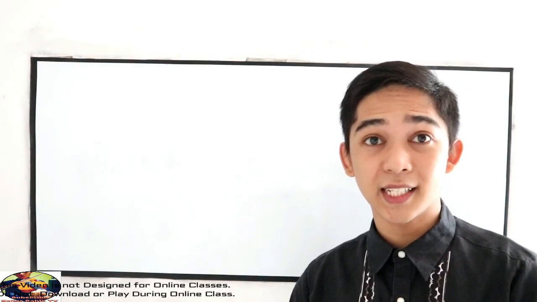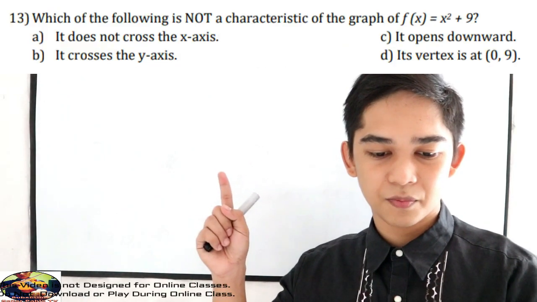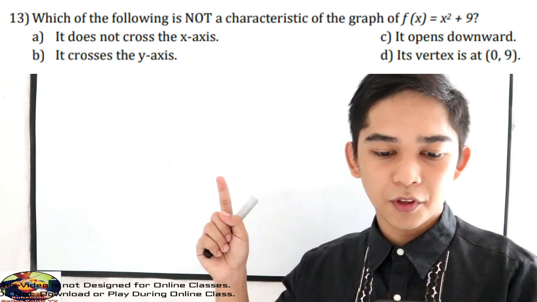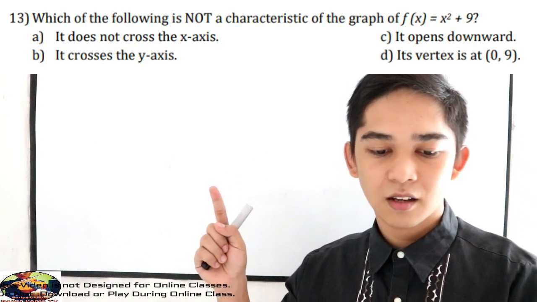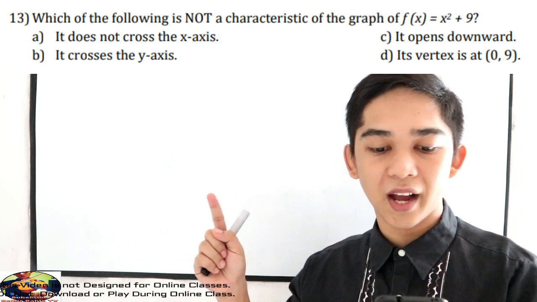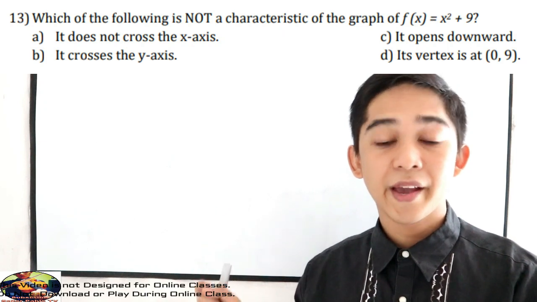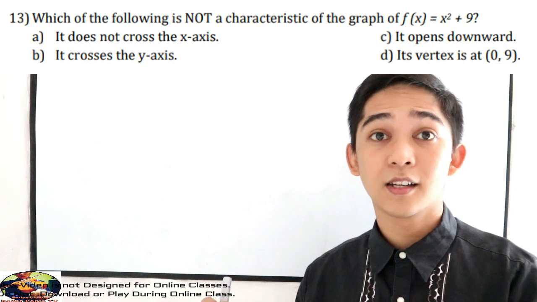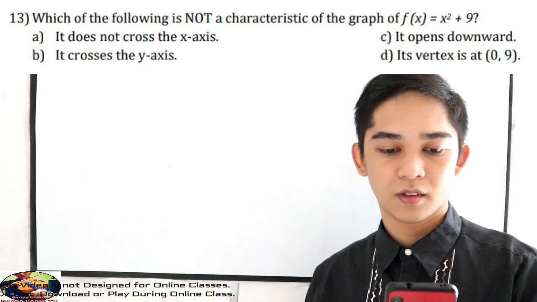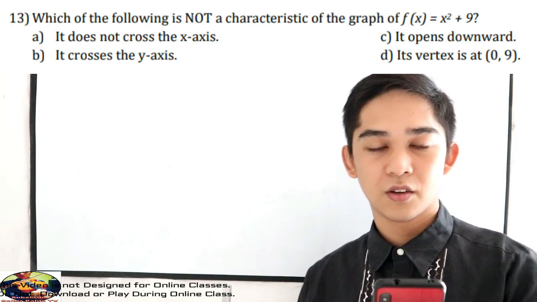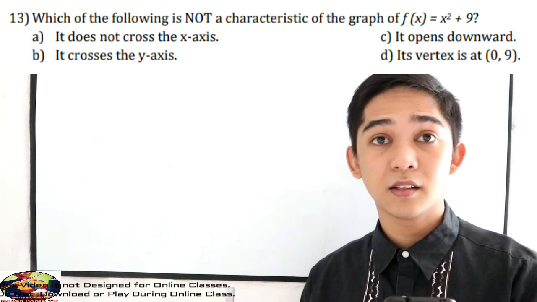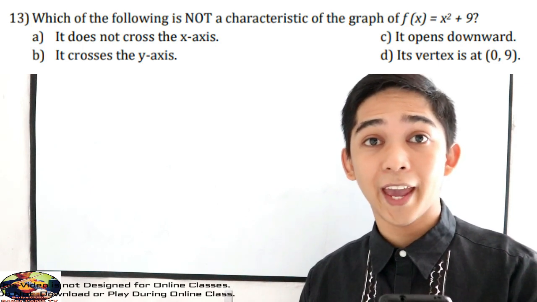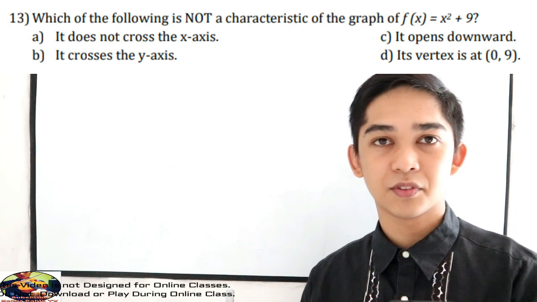For number 13, the question is, which of the following is not a characteristic of the graph of f of x is equal to x squared plus 9? Take a look at our given. So our value of a is positive.